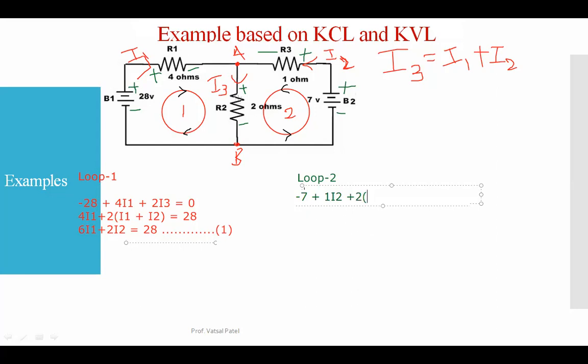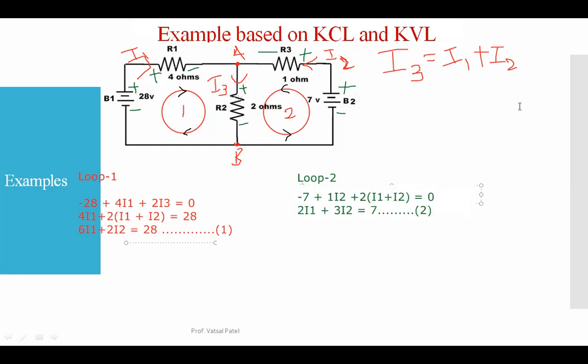I3 means I1 plus I2, is equal to 0. So if we rewrite this equation, we can write 2I1 plus 3I2 is equal to 7. This is our equation number 2.